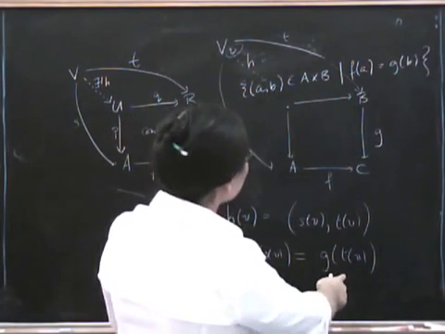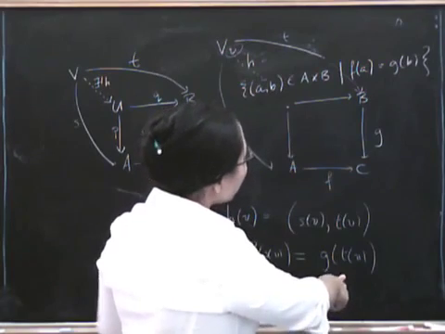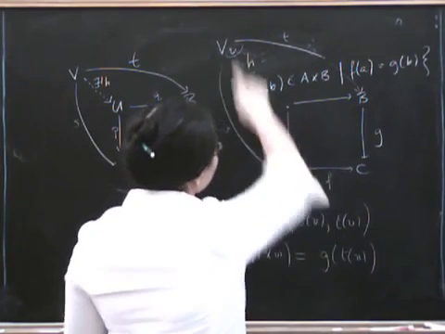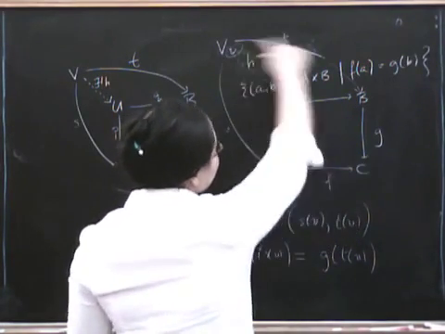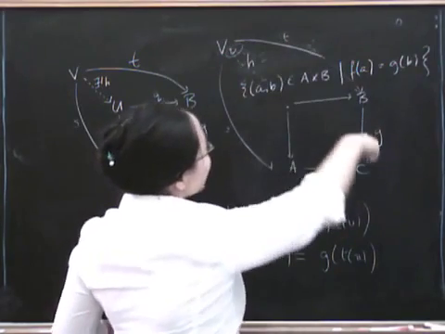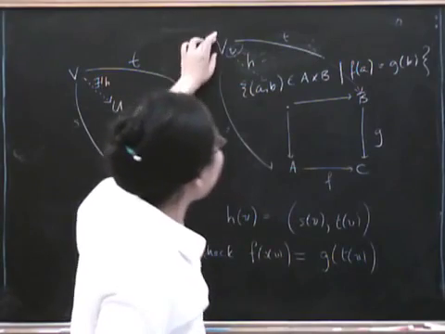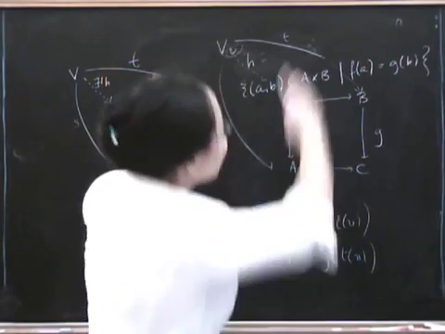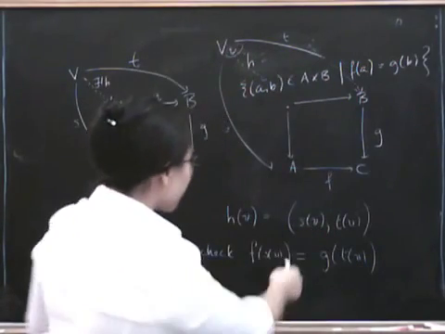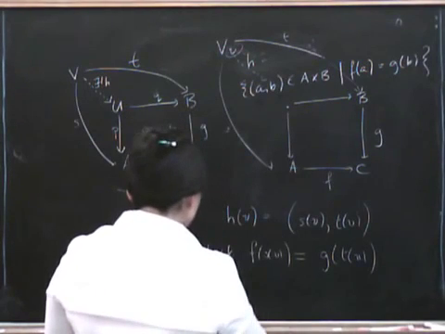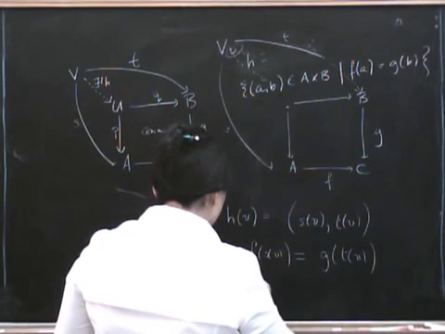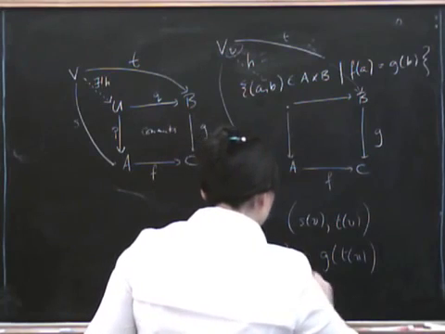And now, is this true? Why is this true? Well, oh look, f composed with S is this side, and T composed with g is this side. And this commutes by the assumption we put in the first place, because we said, given any V together with functions S and T making the outside commute. So this is true since the outside of the diagram commutes.